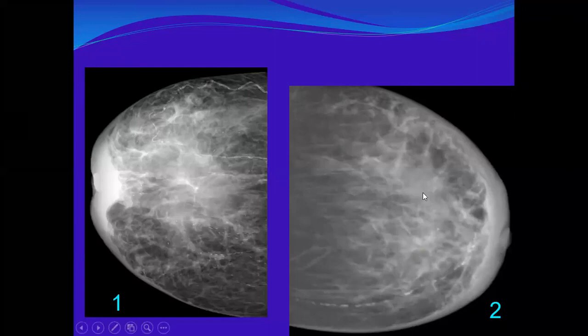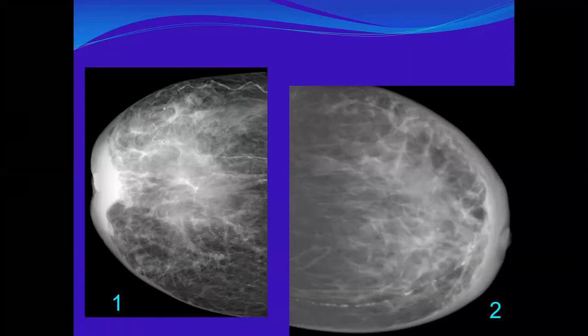It's mild. And there is also global asymmetry, associated with distortion. And here there is no obvious distortion or suspicious calcification. So this one I'll go for 5, and this I will go for 4C.